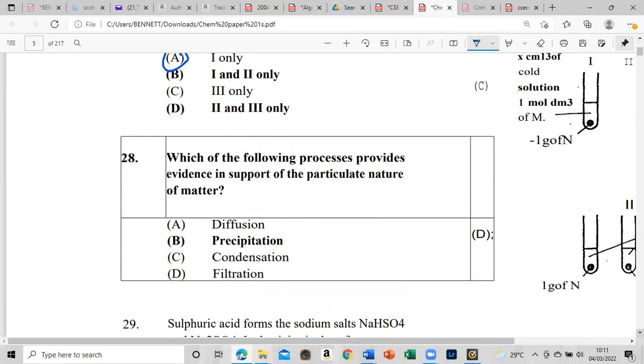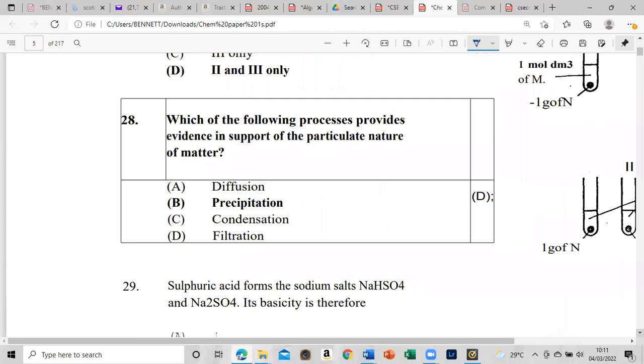Which of the following processes provides evidence in support of the particulate nature of matter? Is it A, diffusion, B, precipitation, C, condensation, or D, filtration? And that would be diffusion.